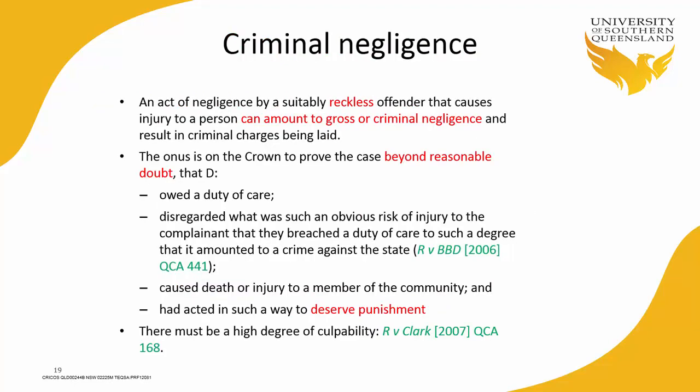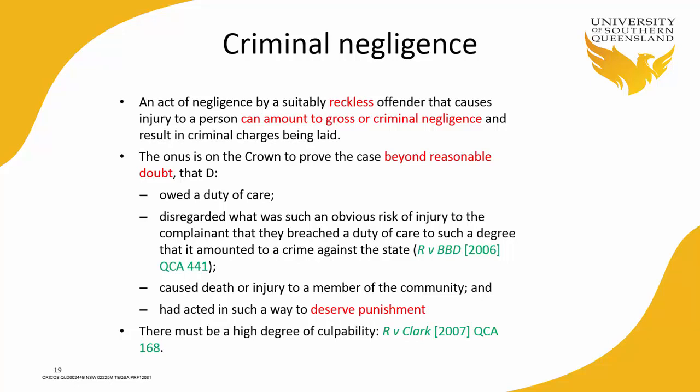And our discussion starts on page 183 with criminal negligence, and it simply says if the injury is to the person and the actions of the offender are sufficiently reckless, this is the key point, sufficiently reckless, their conduct could amount to what's known as gross or criminal negligence. Okay. So examples are things like causing grievous bodily harm, okay, or if the injured party dies, it could also be manslaughter.